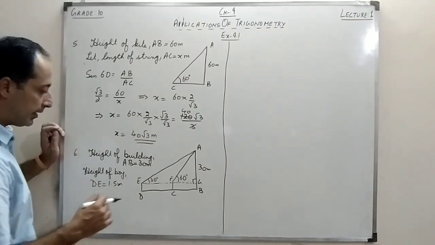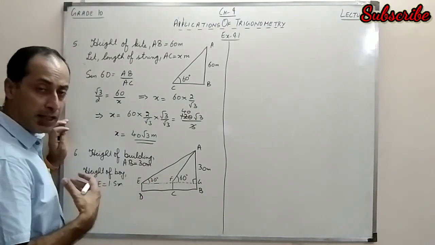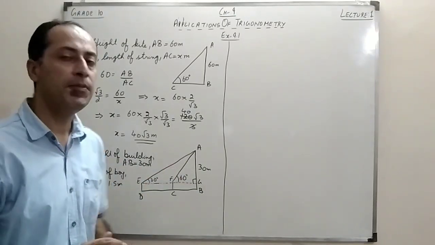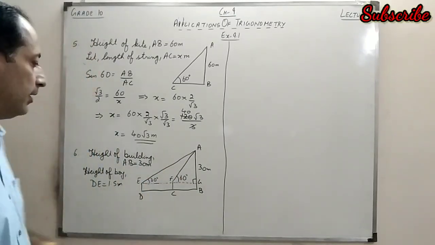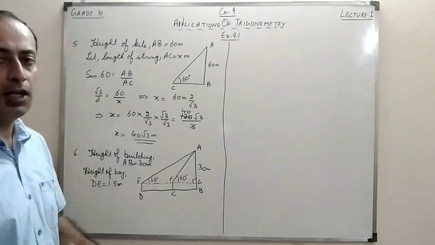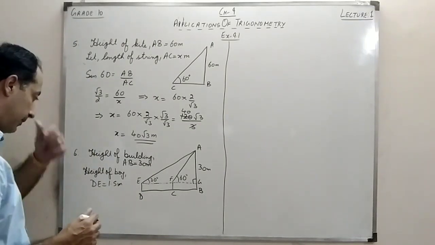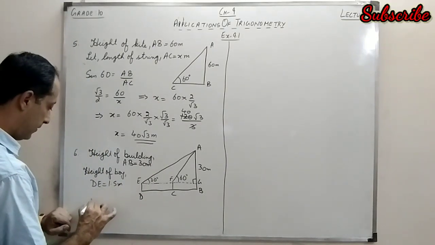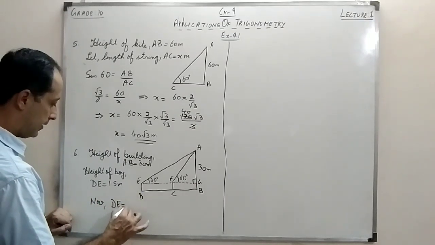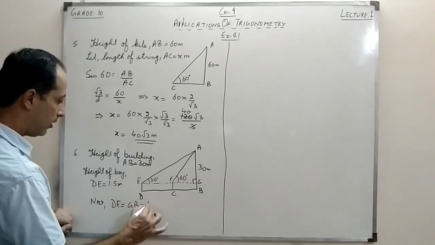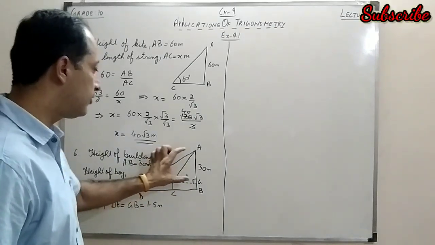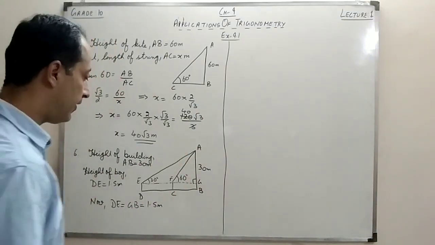But before we go there, by geometry, DE, CF and BG will be equal because it forms a rectangle and the opposite sides should be equal. So DE and BG are both equal to 1.5 meters. Now I have to find the value of AG.